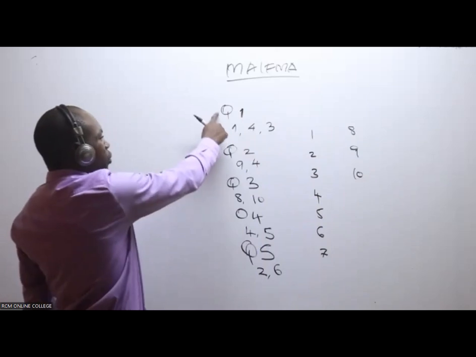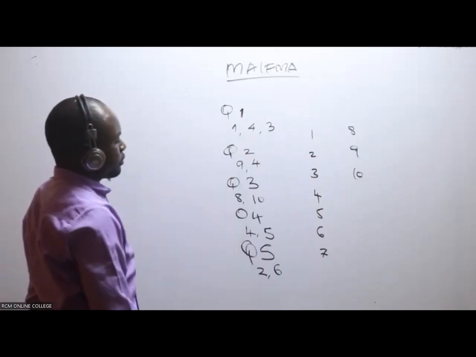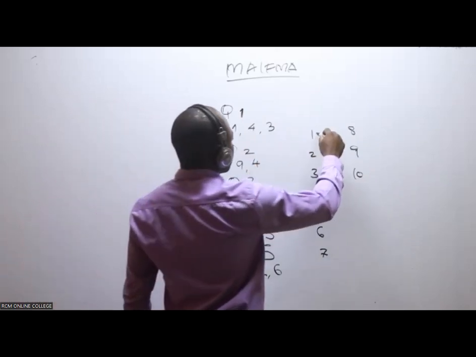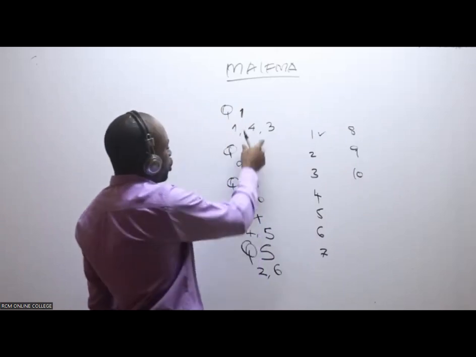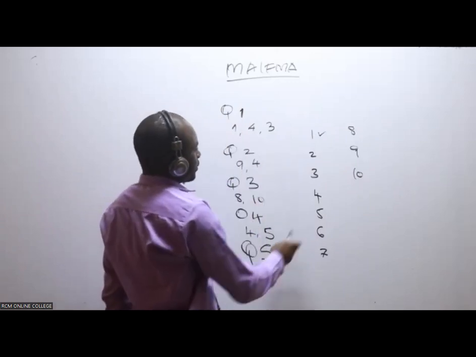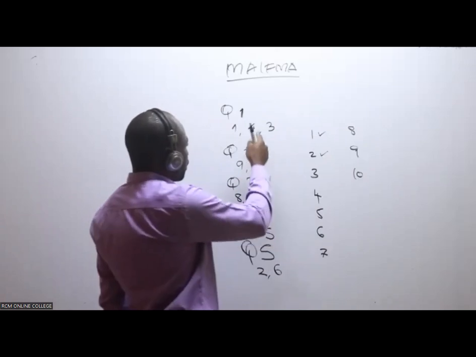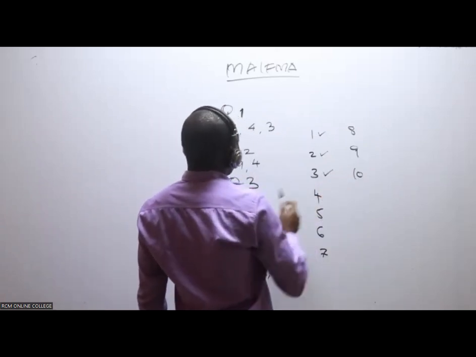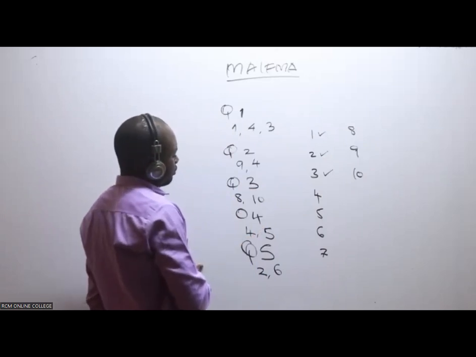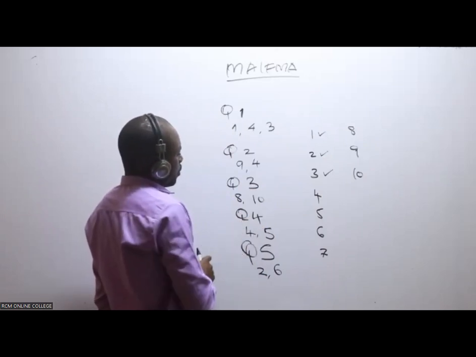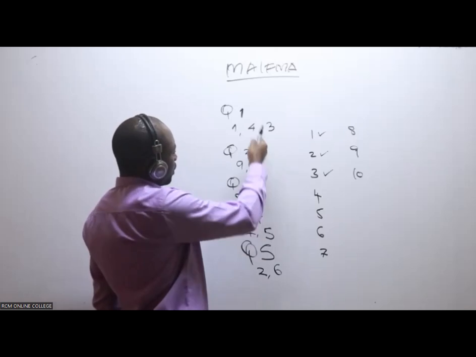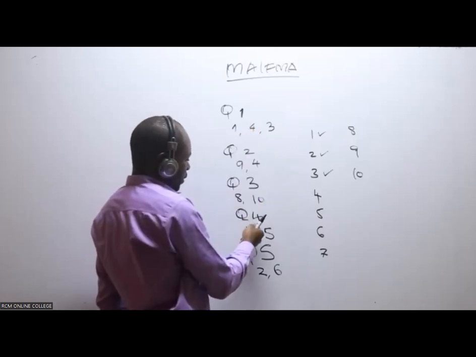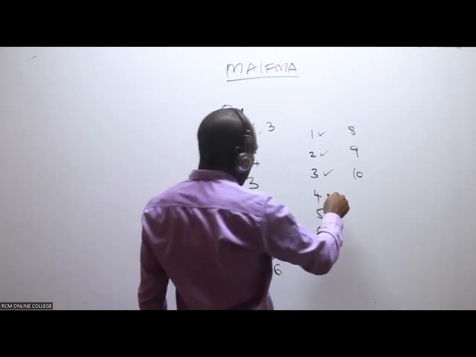So do we have topic 1 in the list? Yes. Do we have topic 2 in our list? Yes. Do we have topic 3 in our list? Yes. Do we have topic 4 in our list? It is here. It is the longest topic.